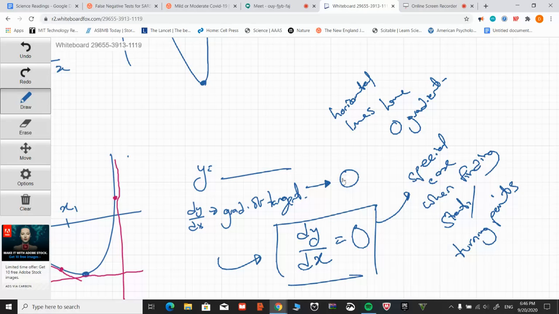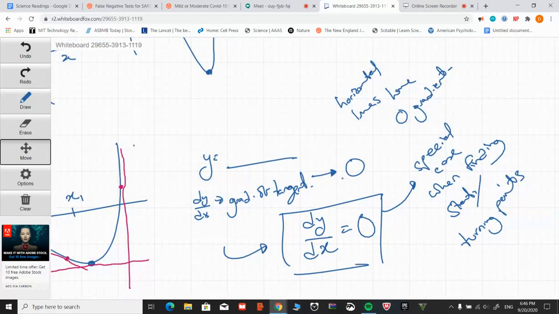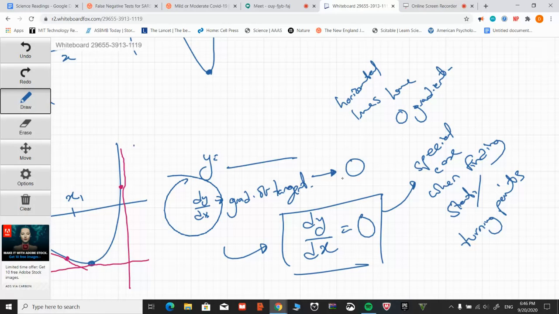This is the idea. So in summary, if you have an equation and you are interested in finding the coordinates of the stationary point and whatnot, the idea is you differentiate it, find dy by dx, and use dy by dx equals to 0 to find your missing information.